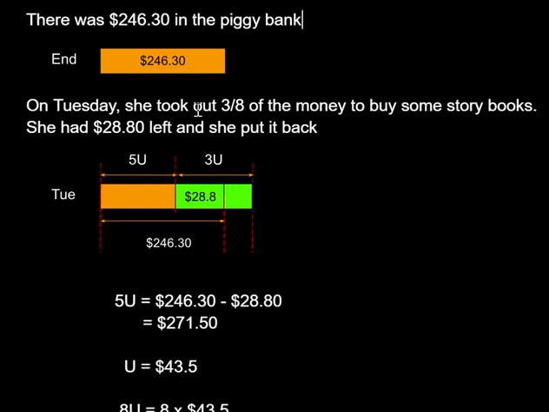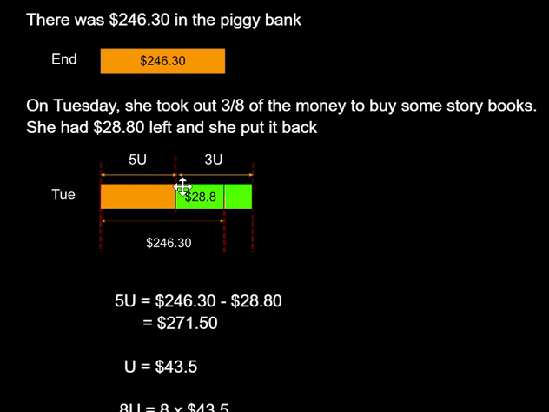Then the next part is that she took out 3/8 of the money. Remember, when she takes out 3/8 of the money, this is 3 units out of a total of 8 units, which means here is 5 units and this is 3 units. This is what she took out, which I color in green.